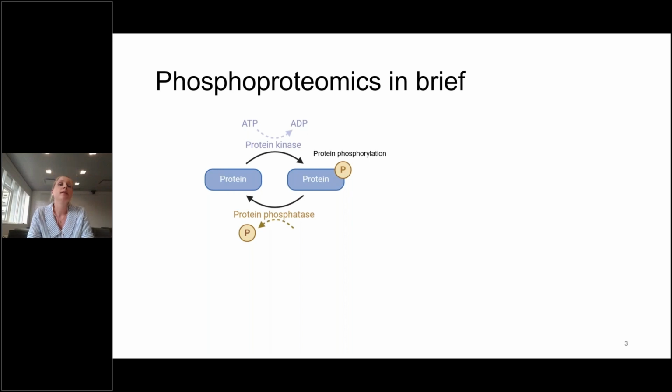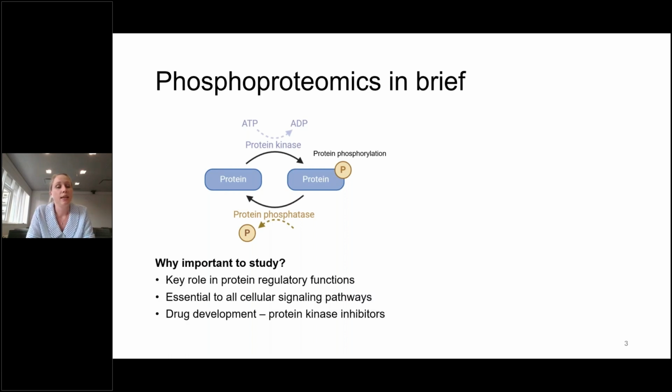So what do we talk about when we talk about phosphoproteomics? Well, we study protein phosphorylation, which is the addition of a phosphate group to proteins done by protein kinases. It's reversible. It can be removed again by protein phosphatases. And why is this important to study? Well, phosphorylation plays a key role in many protein regulatory functions.